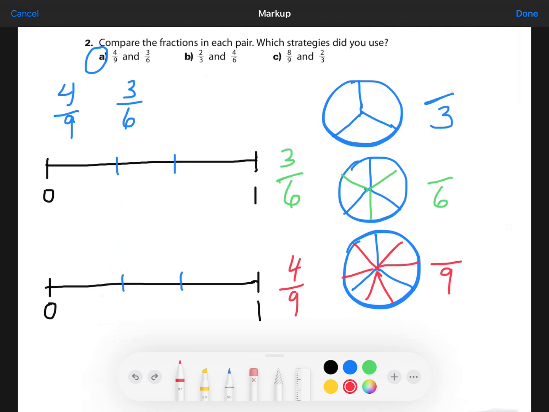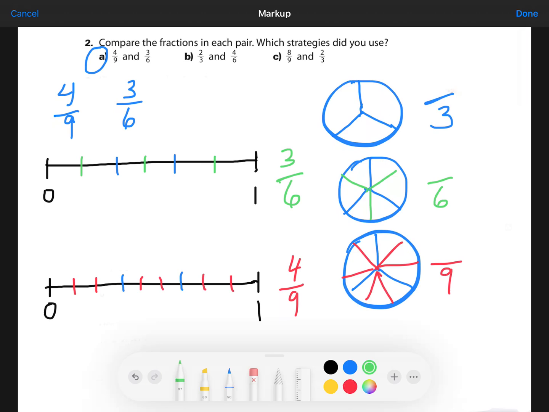So I've divided each line into thirds. Now the first one, if I divide each third in half, I now have sixths. And if I divide the second one, I'm going to divide each third into 3 equal parts, so to speak. It's an estimate. Now I have sixths on one, ninths on the other.